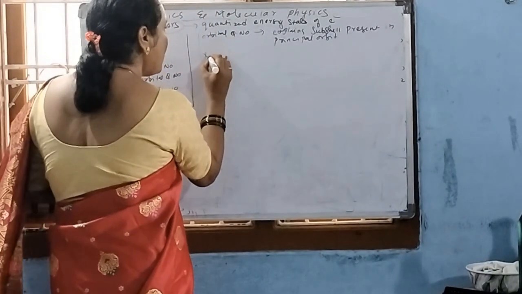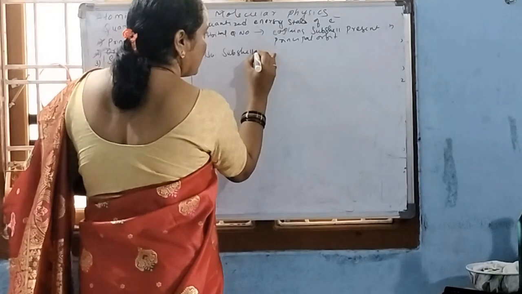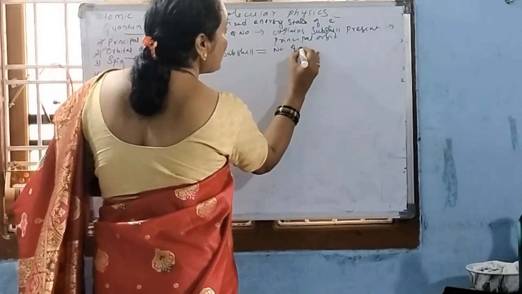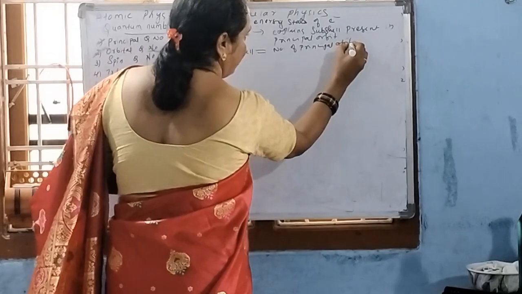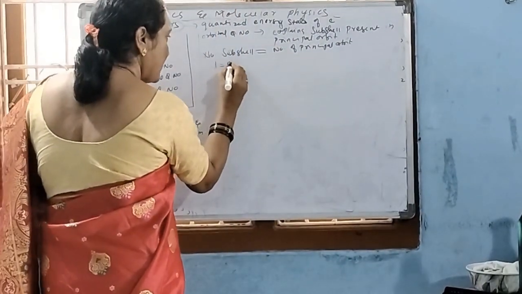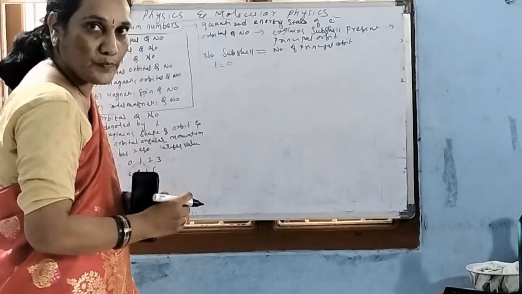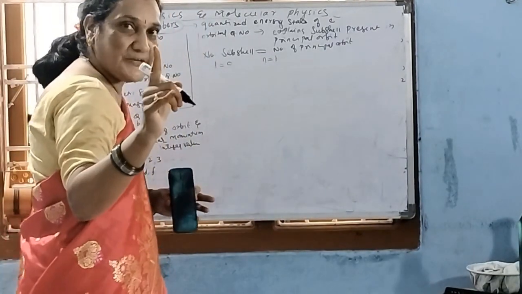And the number of these subshells is equal to the number of the principal orbit. For example, L equal to 0 belongs to principal orbit 1.